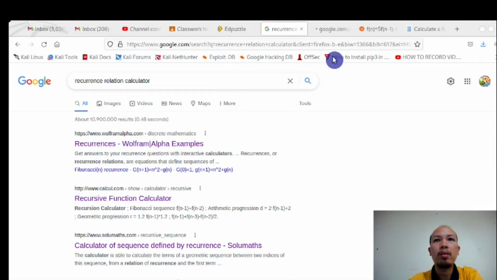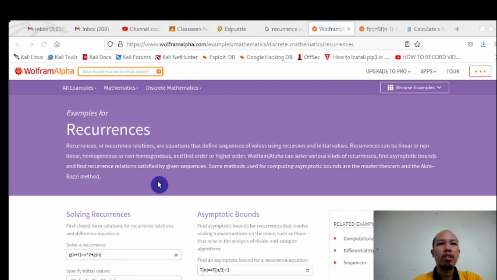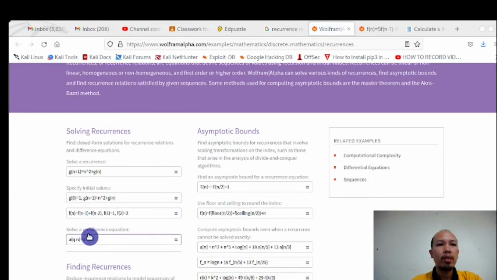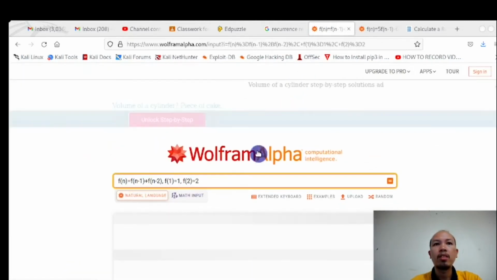Let's open this one, and for example, if you have this one here, let's click this option here.